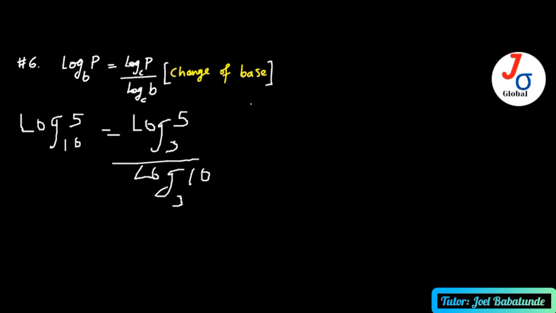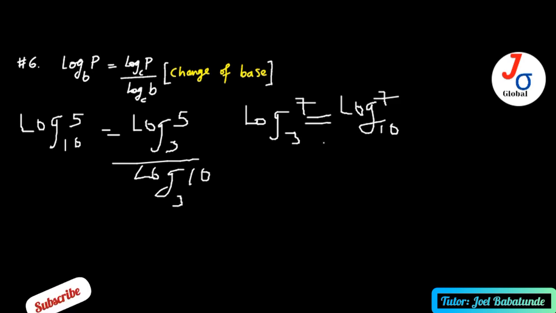Let's have another example. Let's see log 7 base 3, and let's convert that to base 10. So basically that's going to be log 7 base 10, the required base, over log 3 base 10.